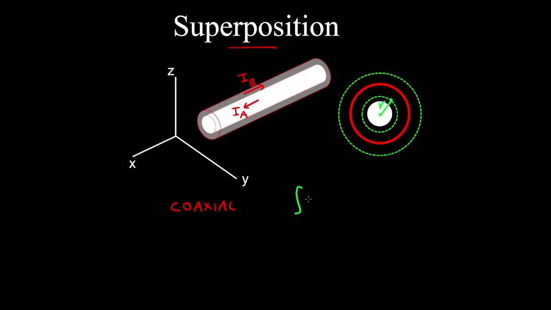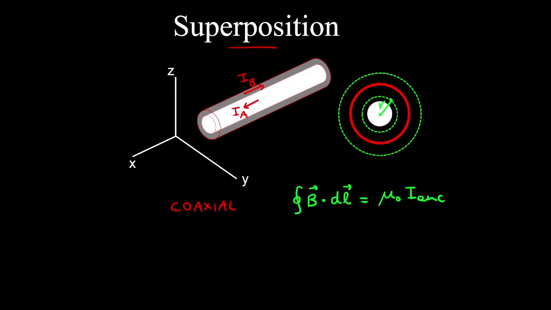So applying Ampere's law, which is the integral of the dot product between a magnetic field vector and a differential length vector around the closed Amperian loop, is equal to the magnetic permeability by the enclosed current.